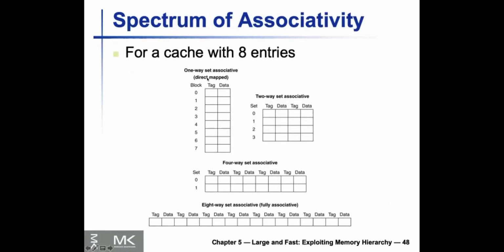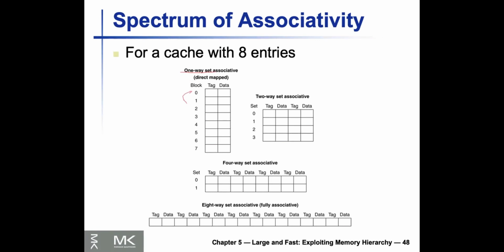Here, we started from a direct map, which is effectively a one-way set associative cache. We have only one way. There's no set, actually. There are only blocks, with tag, data, and that validity bit that you saw.